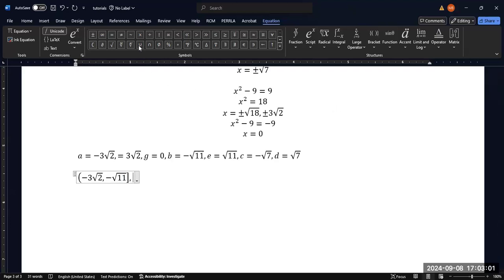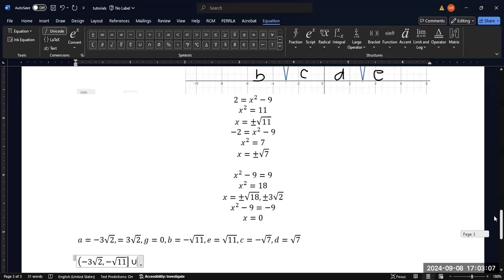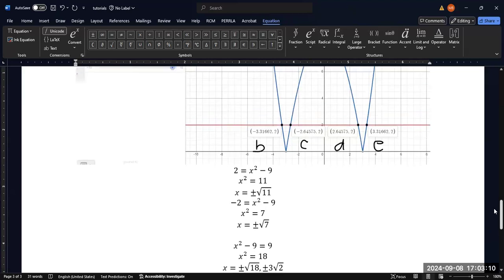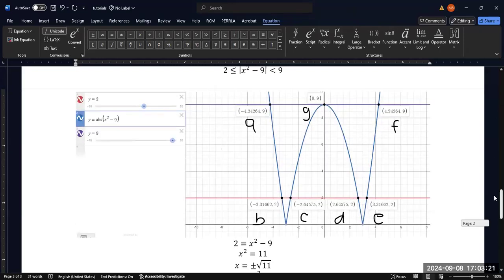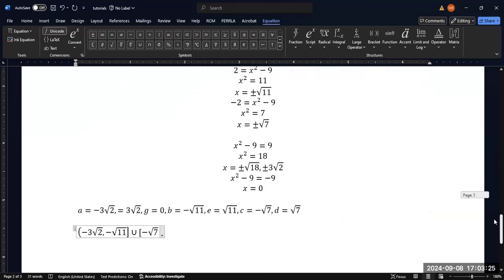And then union, no comma, union. And then we're going to pick up at negative square root of 7, which will also be a square bracket. And then our graph is going to continue up to, but not including G. So comma 0, union 0, comma.